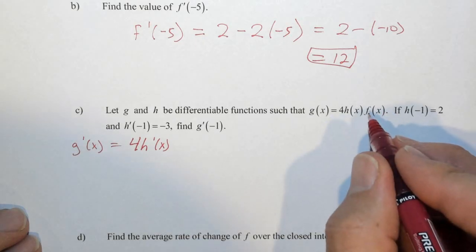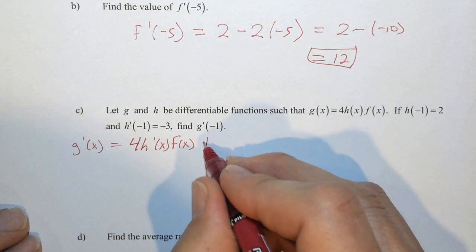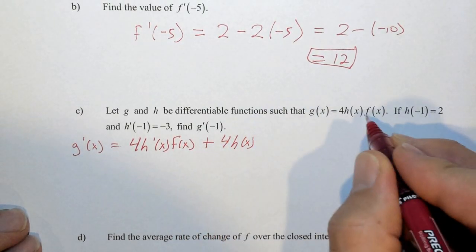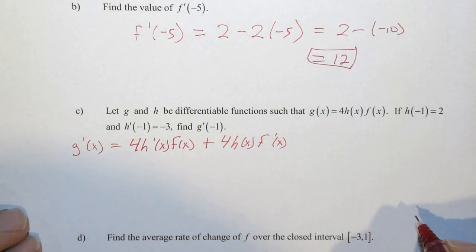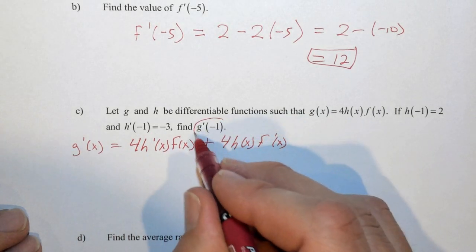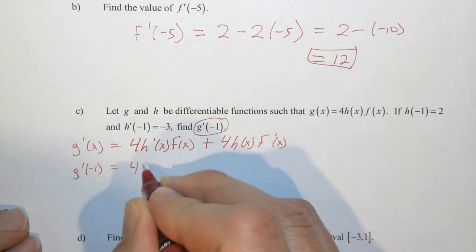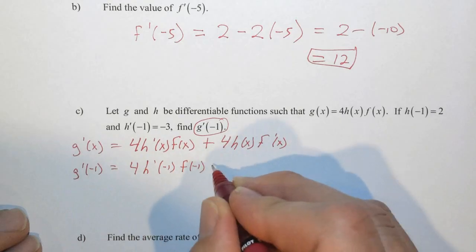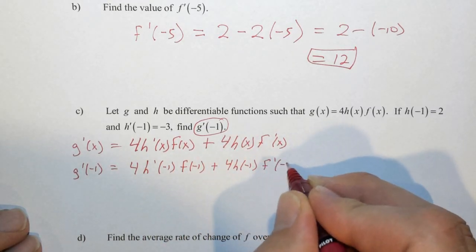Derive the first, keep the second. Plus, now keep the first and derive f. F derives to f prime. This is g prime of x. We want g prime of negative 1. So we're going to replace all x's with negative 1s.